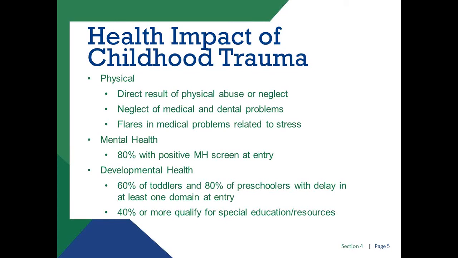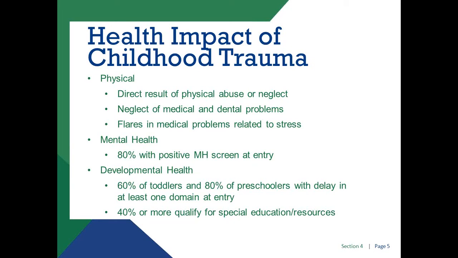And developmental health, in those studies that have systematically looked at children under the age of 5 and their developmental problems, 60% of toddlers and 80% of preschoolers basically present with a developmental delay in at least one domain. And the most common domains are the social, emotional, the communication, and cognitive areas, and then fine motor.